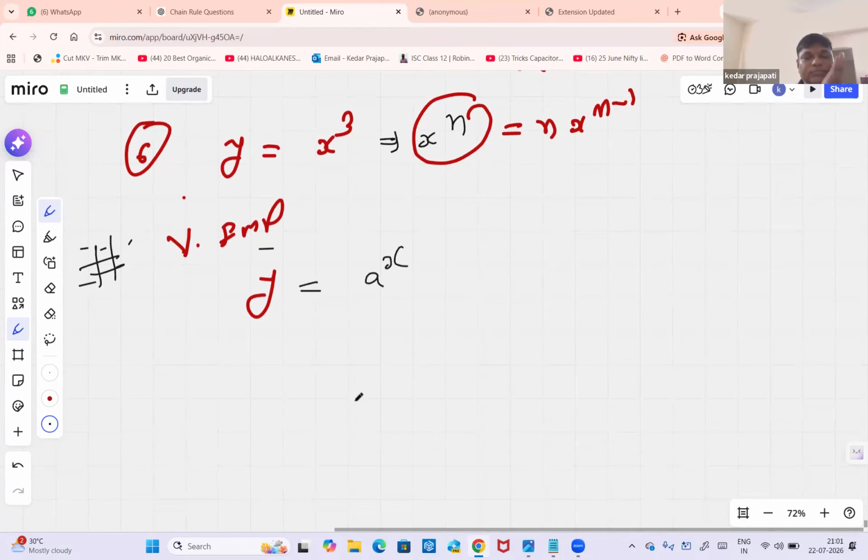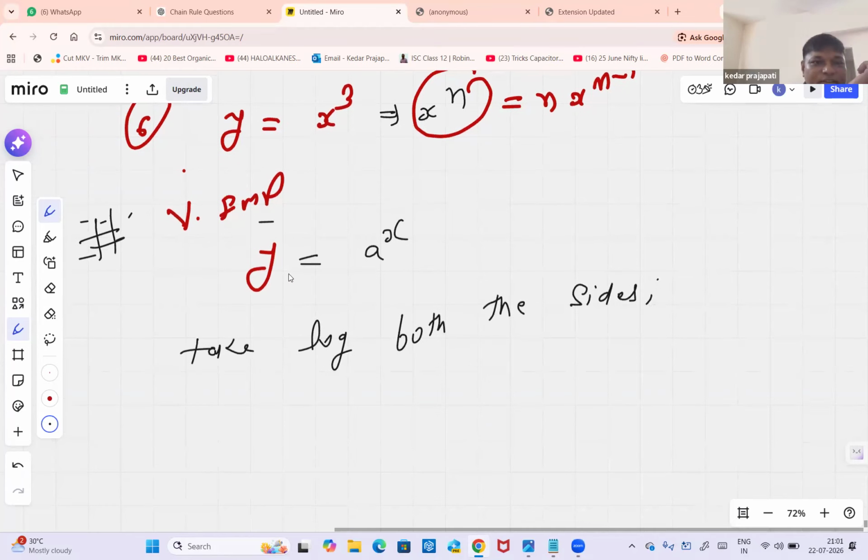Now, in this kind of question, take log on both sides. You take log on both the sides. So if you take log on this side, this will become log y. And this will become log a to the power x.